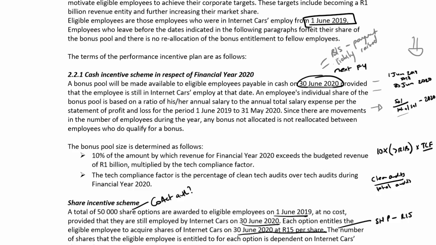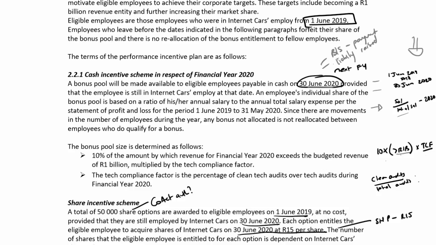The amount is going to be whatever is greater than the 1 billion times by 10% and times by the tech factor, which is clean audits to total audits. Okay, so all of these criteria I have to test for accuracy of the terms.